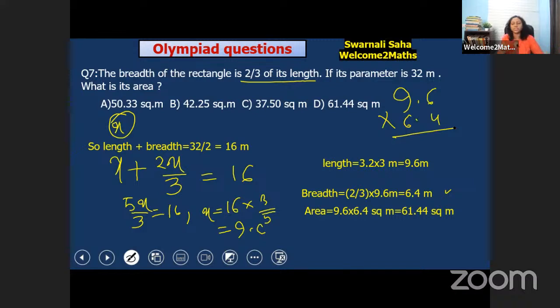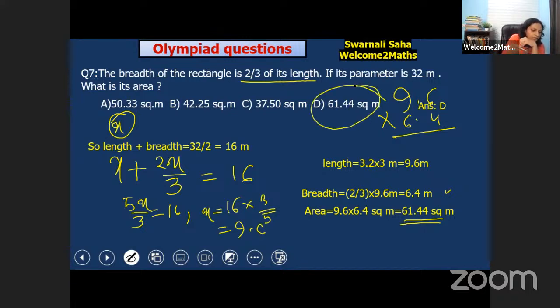Let's do the multiplication. And it is 61.44. Okay. D is the right one.